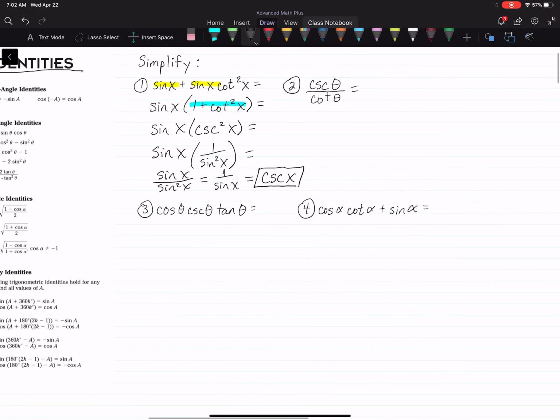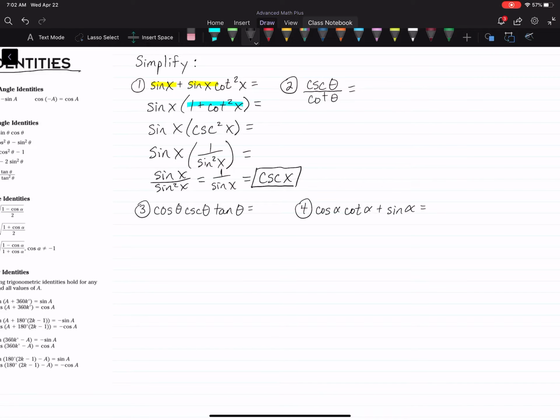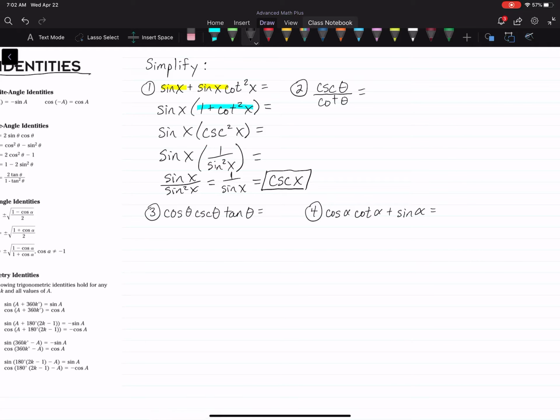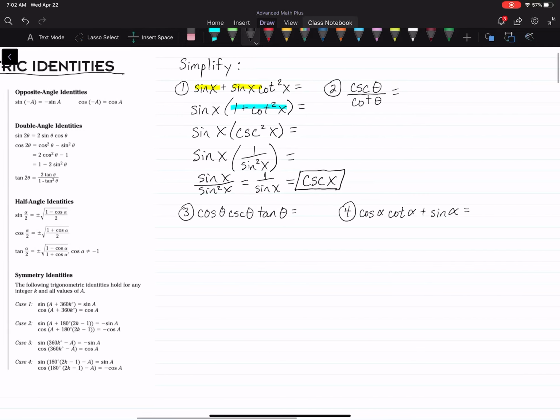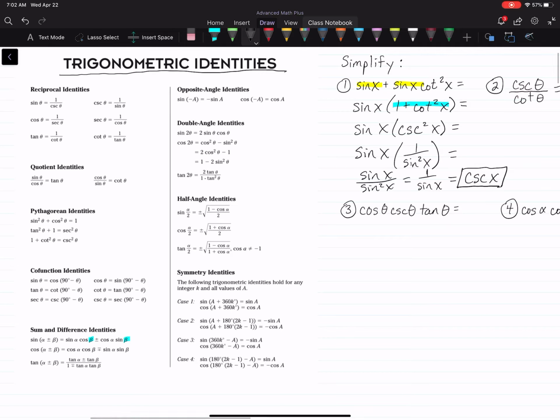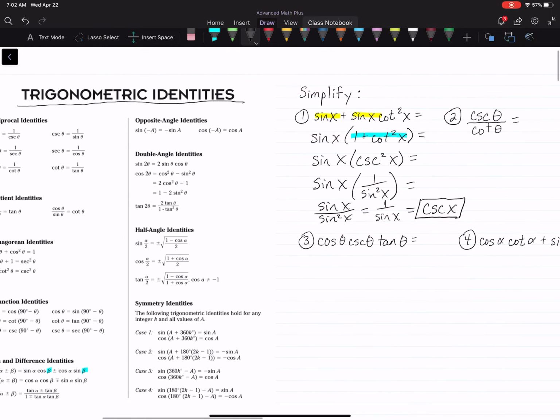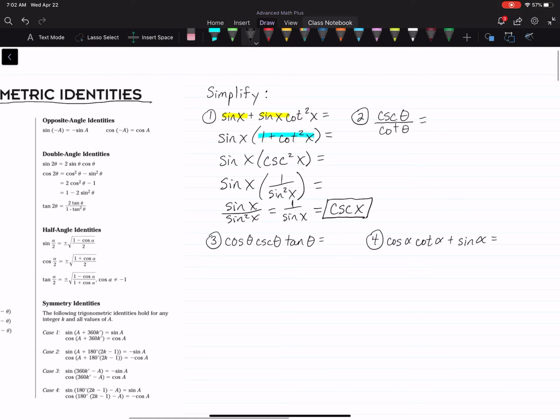All right, example 2. This one is a little more straightforward. You have cosecant theta divided by the cotangent of theta. I'm going to follow my basic rule of trying to change everything to sine and cosine because I don't have any squares, so Pythagorean identities would not be useful here. I just need to figure out what I can change cosecant and cotangent to, to make it sine and cosine.